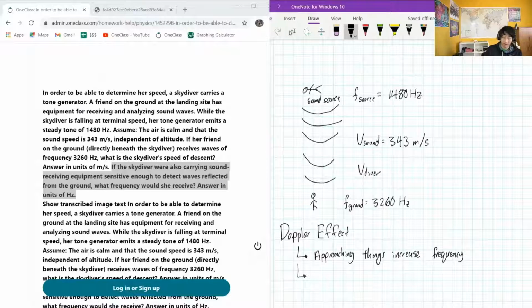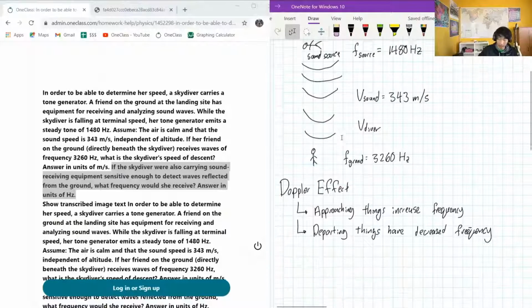What's the opposite of approaching? Leaving things or departing things have decreased frequency. Okay, so since we're approaching, clearly we're going to have a higher frequency.